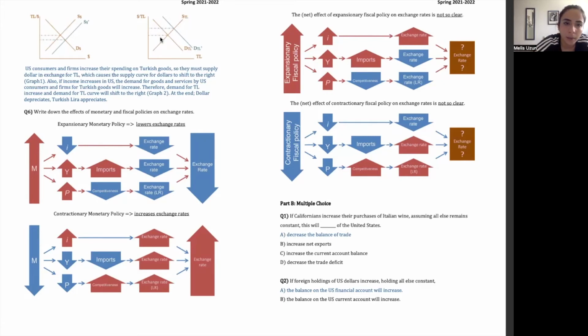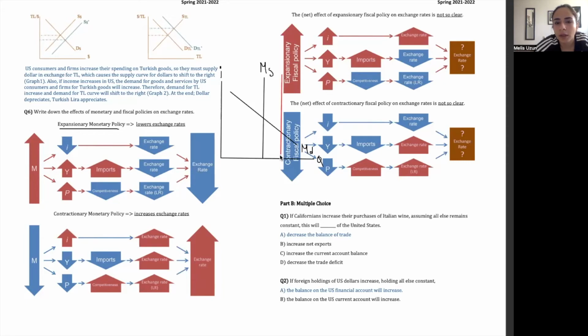Let me draw a graph to show it to you. So let's say they implement a monetary policy. There's the interest rate and the quantity of money. This is the money supply graph, it is vertical, and this is money demand. If the central bank implements an expansionary monetary policy, it will increase the money supply.